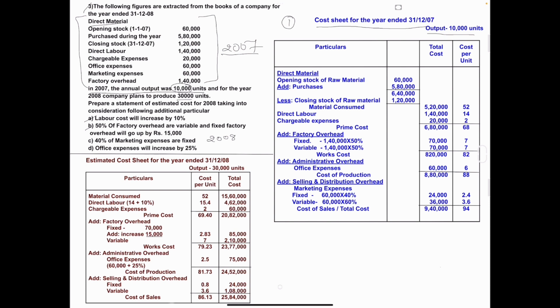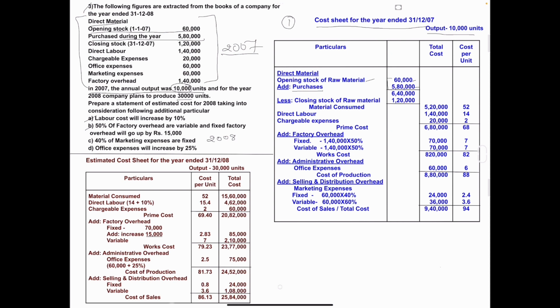See in the problem, opening stock of raw material is 60,000. So write in the solution part, opening stock of raw material 60,000. In that add purchases. Purchase during the year is 5,80,000. Write here 5,80,000.